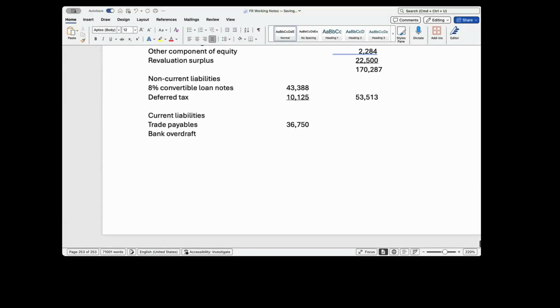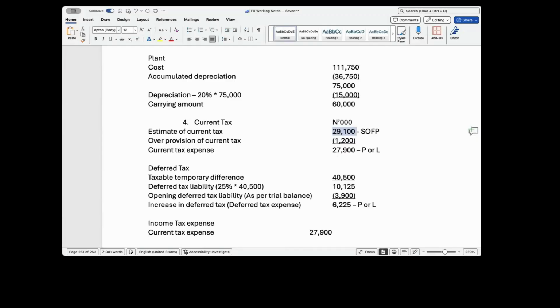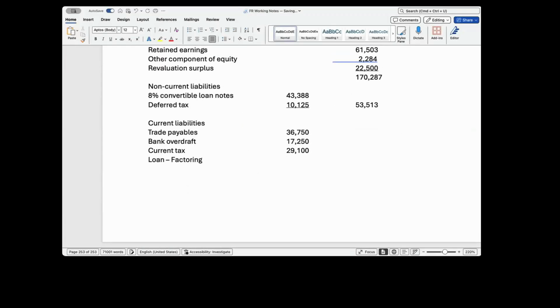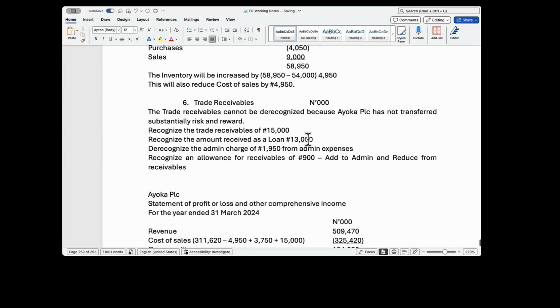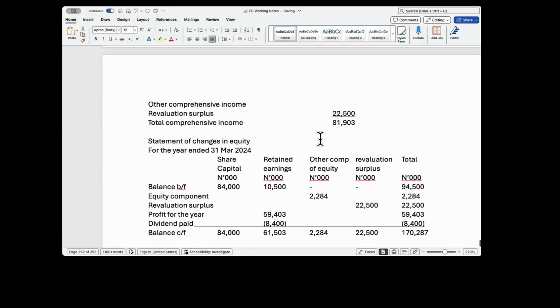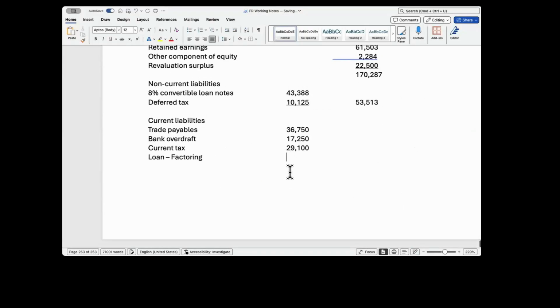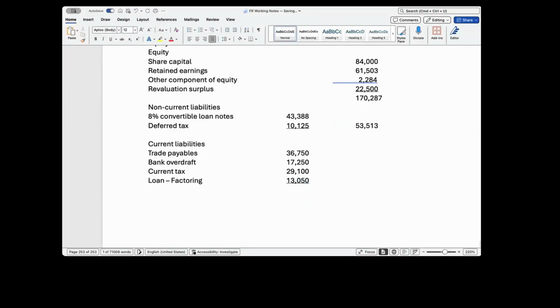Then remember that loan, that money we collected from the factor, that factoring of receivables, 13,050. So how much is that in total? 96,150.